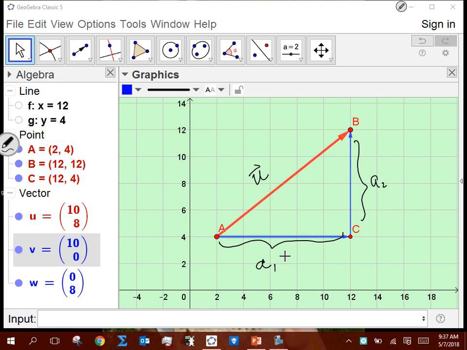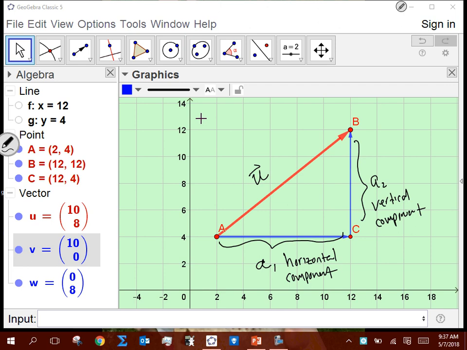A sub 1 is the horizontal vector that u is going to be described by, and a sub 2 is the vertical vector that u is going to be described by.